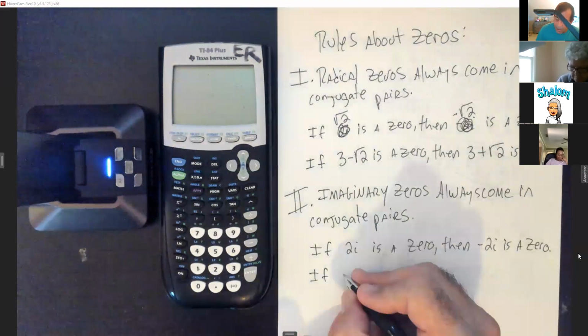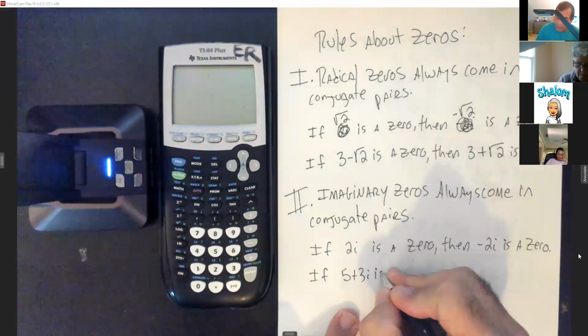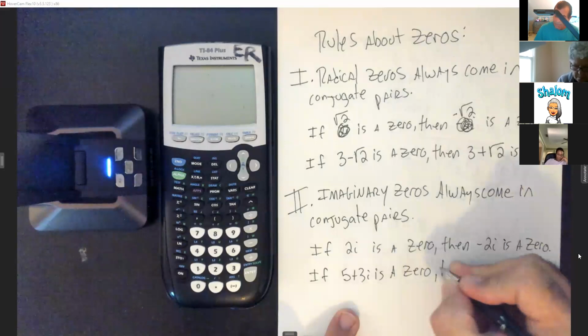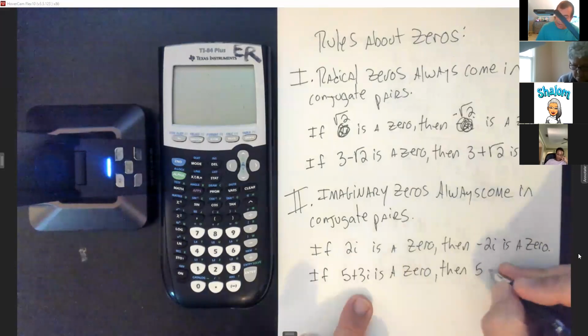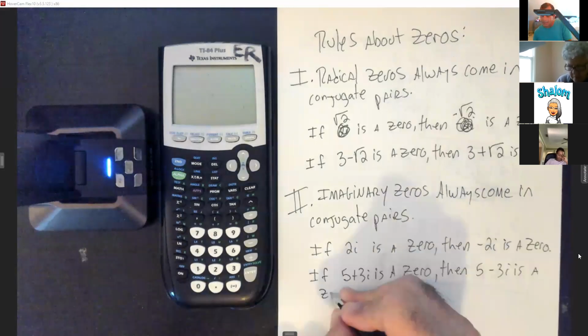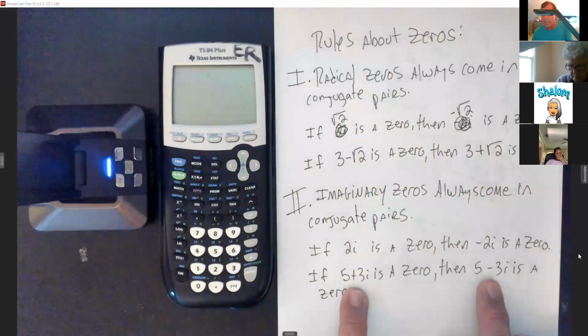How about if 5 plus 3i is a 0, then 5 minus 3i is a 0 also. Once again, the 5 don't change signs. It's the imaginary part that changes the signs, okay?